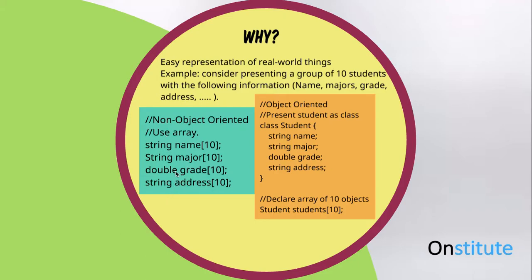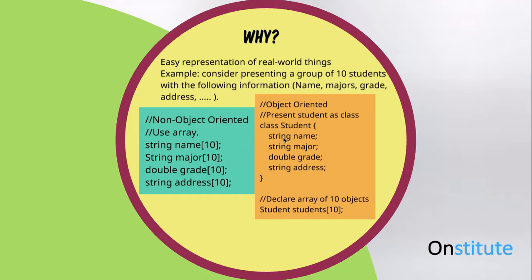They can be of different data types. The first one is string, the second one is string, the third one is double, the fourth one is again string. So for each piece of information in the procedural paradigm, you can make 4 different arrays and then you can solve the problem.